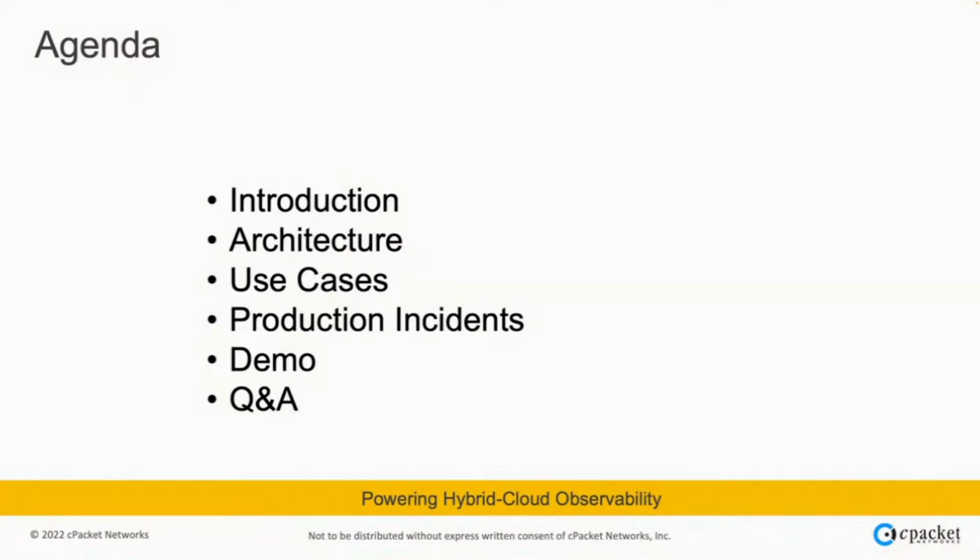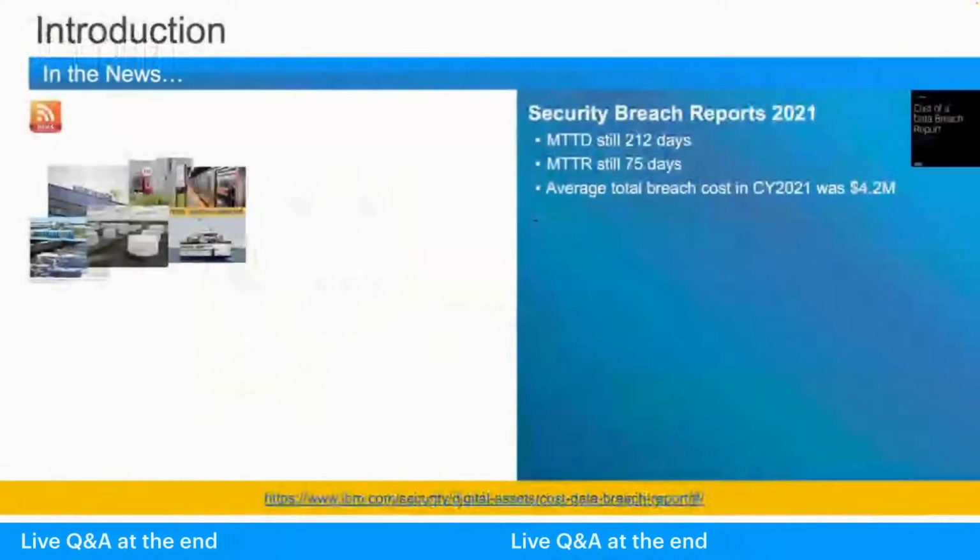I've got about 28 slides just to provide the foundational pieces. Then when we jump to the demo, you can see exactly what we're doing and how we accelerate incident response and how you can get to network issues very, very quickly. So that's the plan.